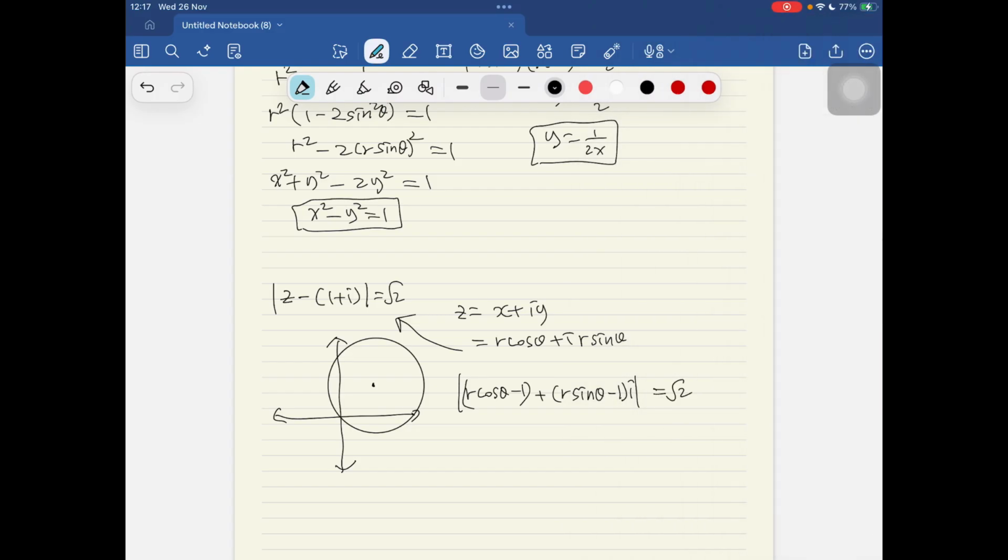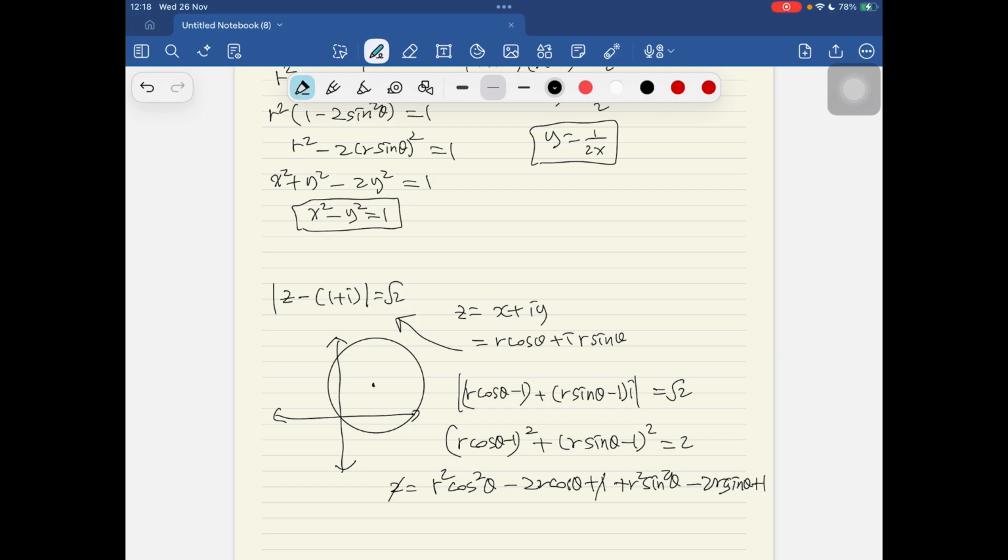So (r cos theta minus 1) squared plus (r sin theta minus 1) squared becomes 2. So here r squared cos squared theta minus 2r cos theta plus 1 plus r squared sin squared theta minus 2r sin theta plus 1 equals 2.